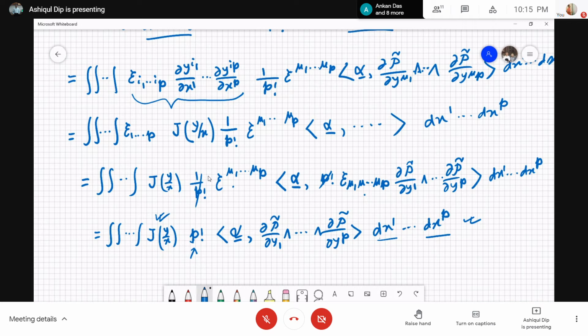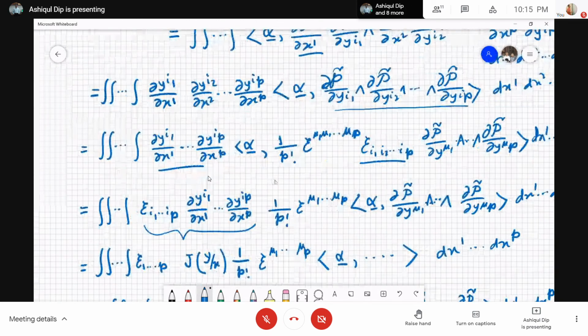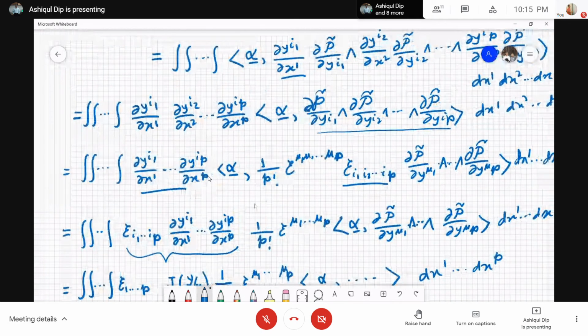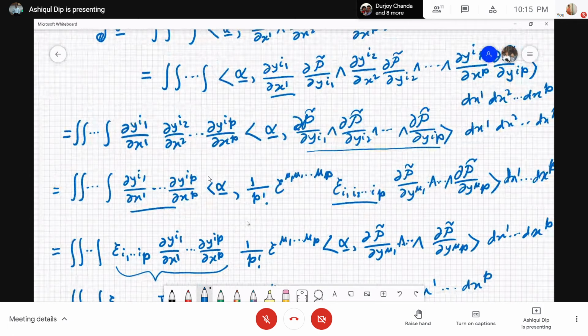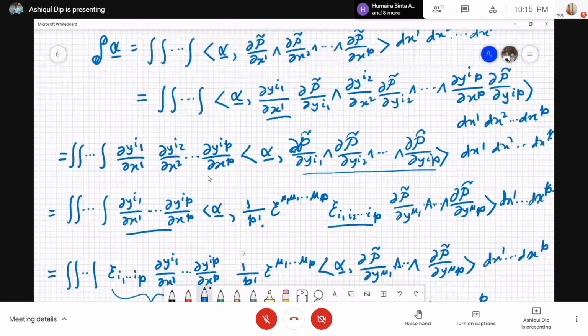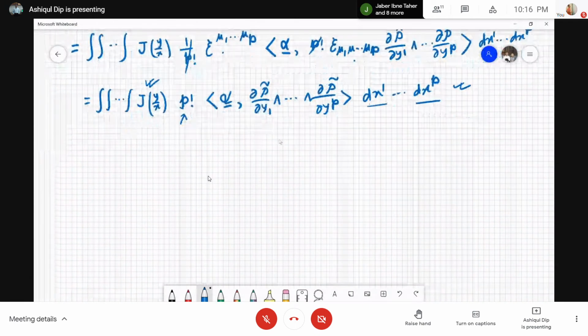Yes, we can use the chain rule like when we started at the very beginning. Okay, we can do that as well.